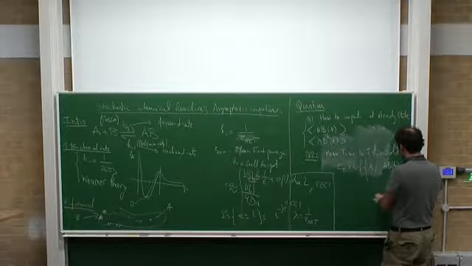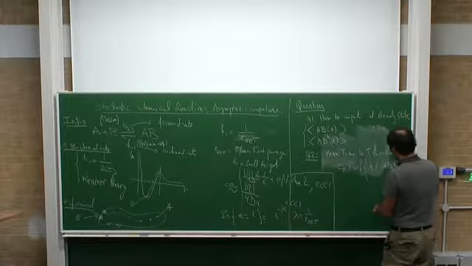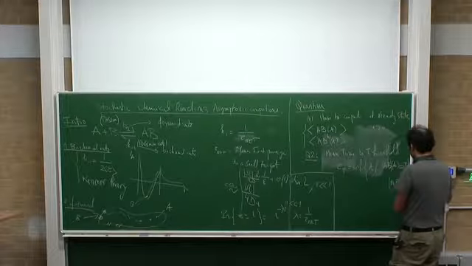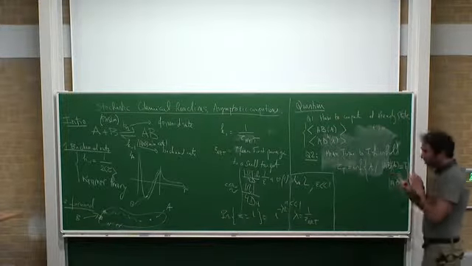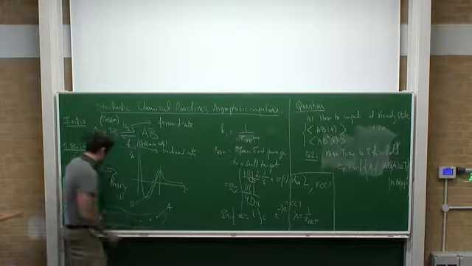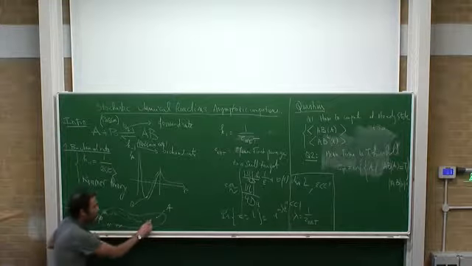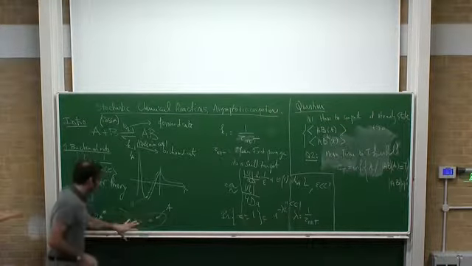Let's say that you started initially with AB, the number of bound molecules, at time 0 equal to 0. You start with no bound molecules, and all the A molecules, in red, are here.